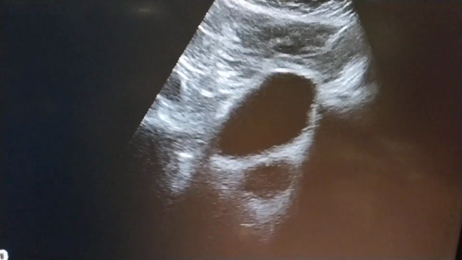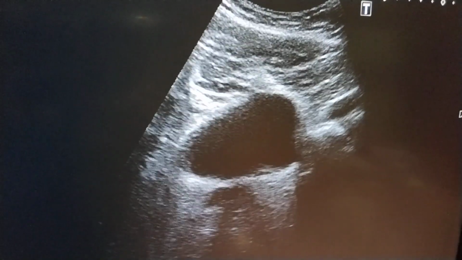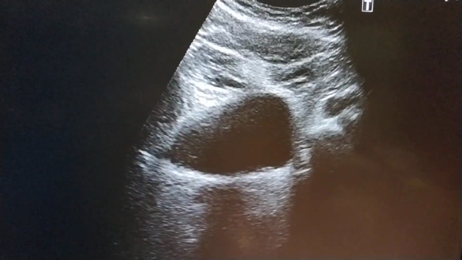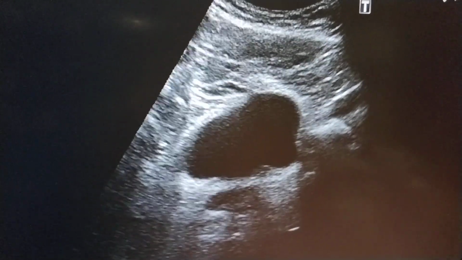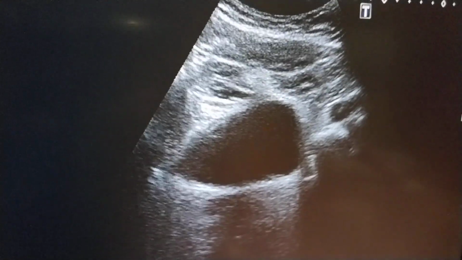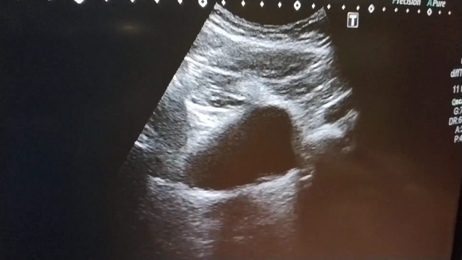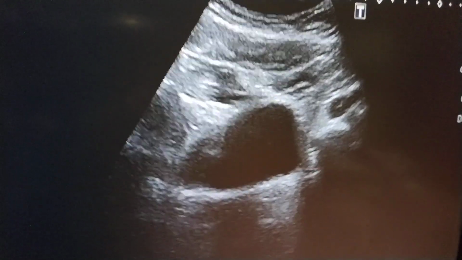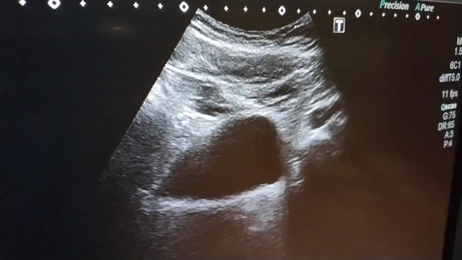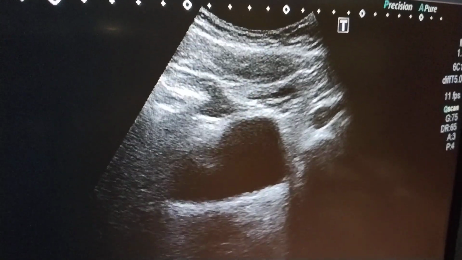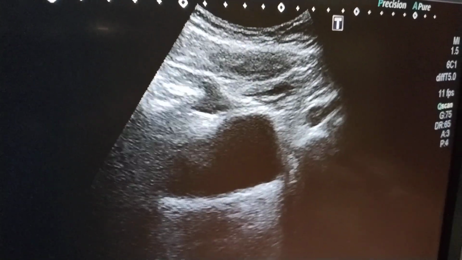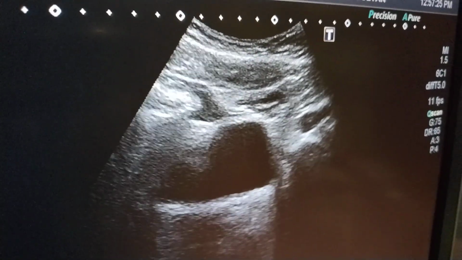So this was all about the ureter, how to trace it, and we can also see why there is colicky pain. This is due to the hard, strong and aggressive contraction of the smooth muscle of the ureter against the obstruction.